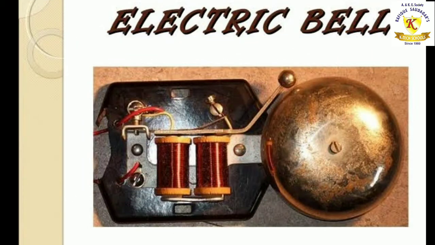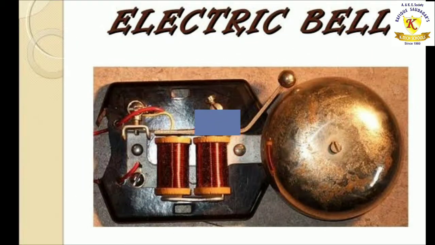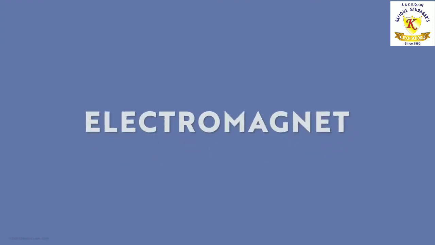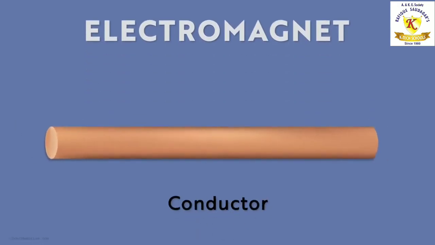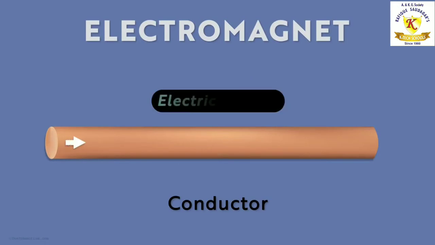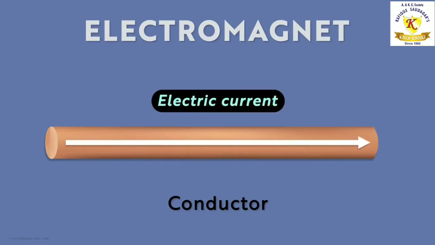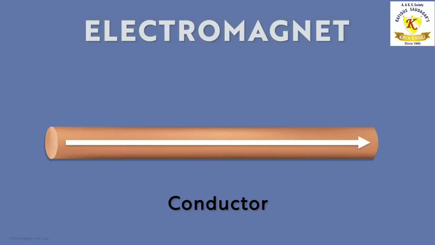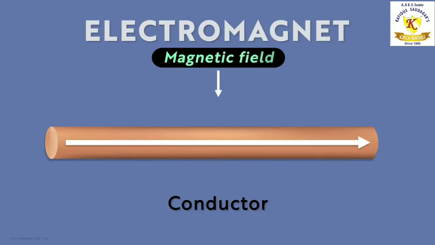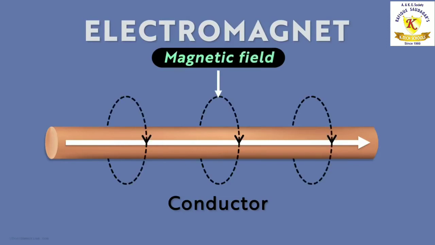Let's learn about the electromagnet. Children, we have just learned what an electromagnet is. Any conductor, such as a straight wire through which an electric current is flowing, is an electromagnet. That's because there is a magnetic field around it.